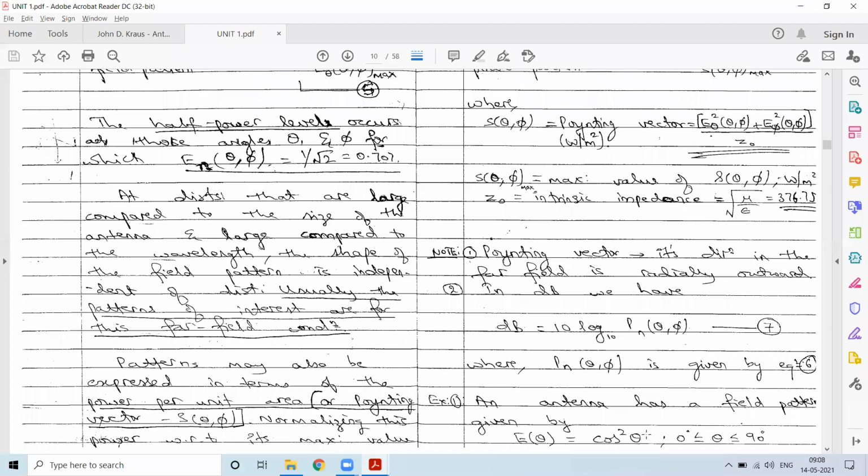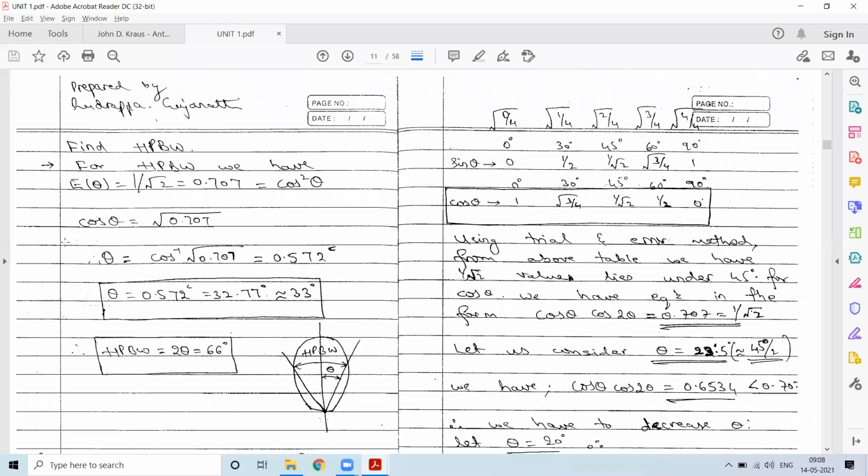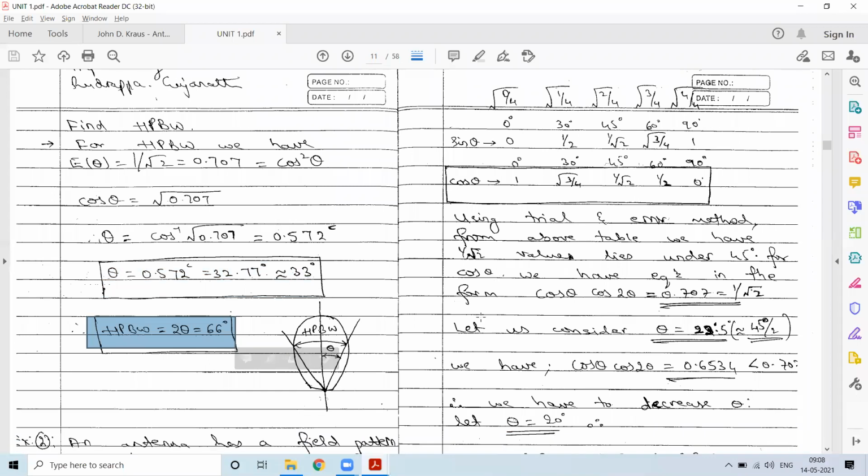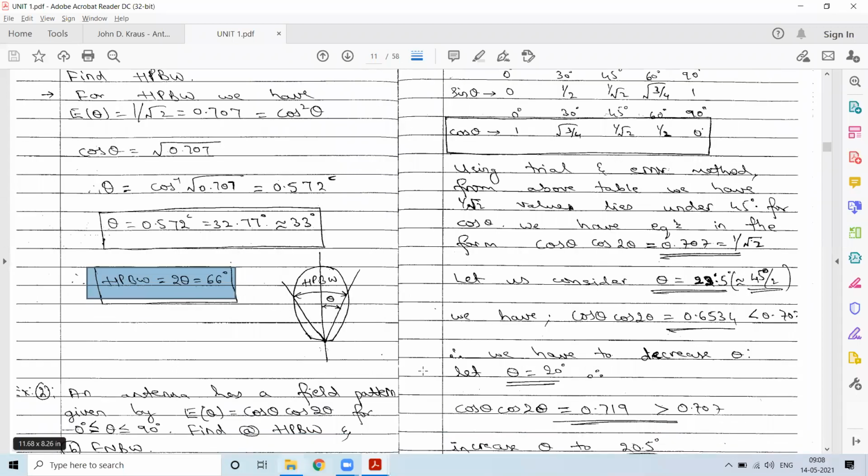This equation is evaluated to E max divided by square root of 2, and then you obtain the value of theta and take twice of theta, which will give you the half power beam width. So this concept is also required. A similar kind of concept was applied over here also.